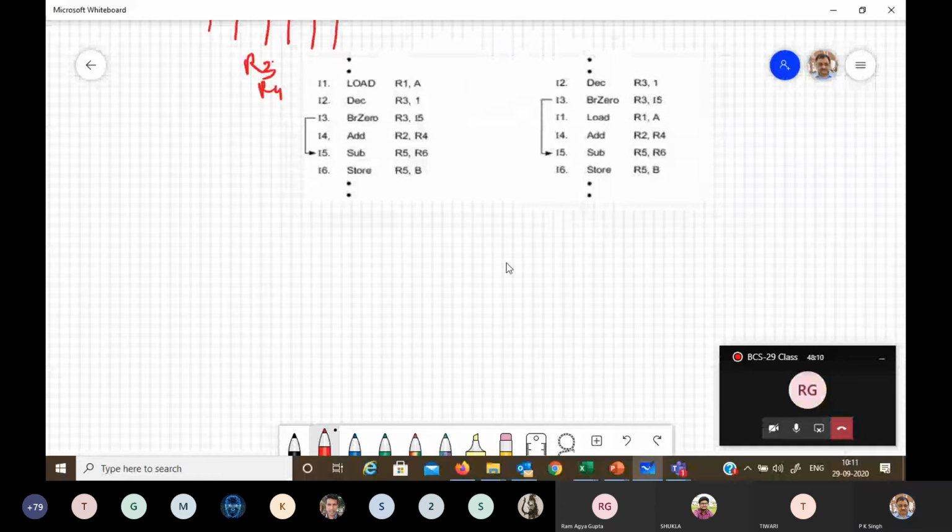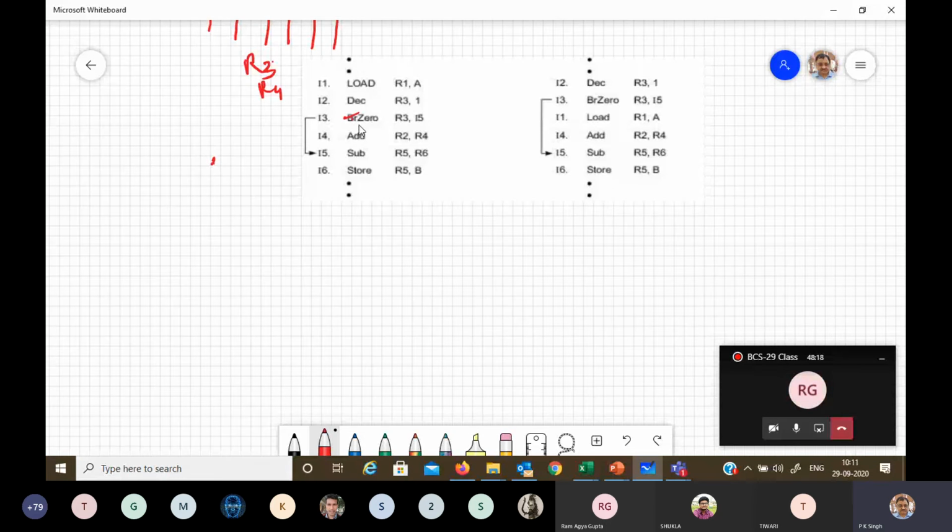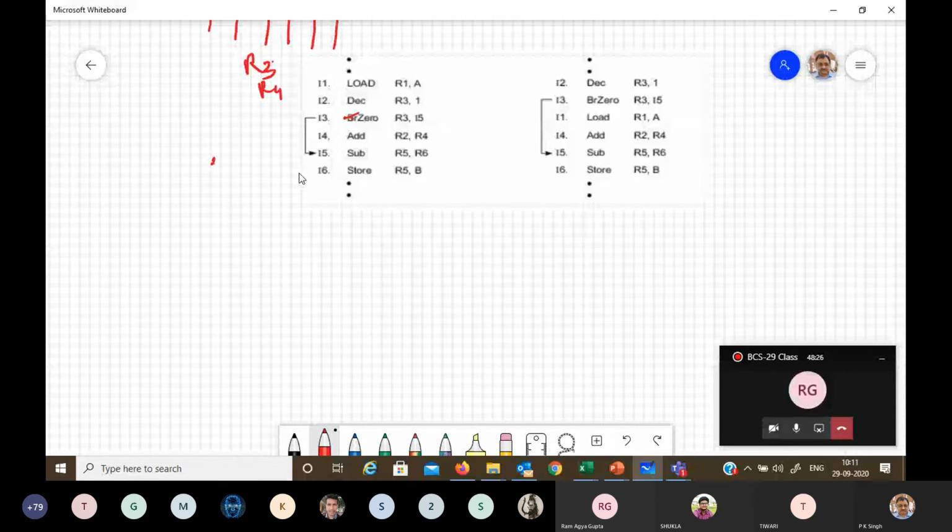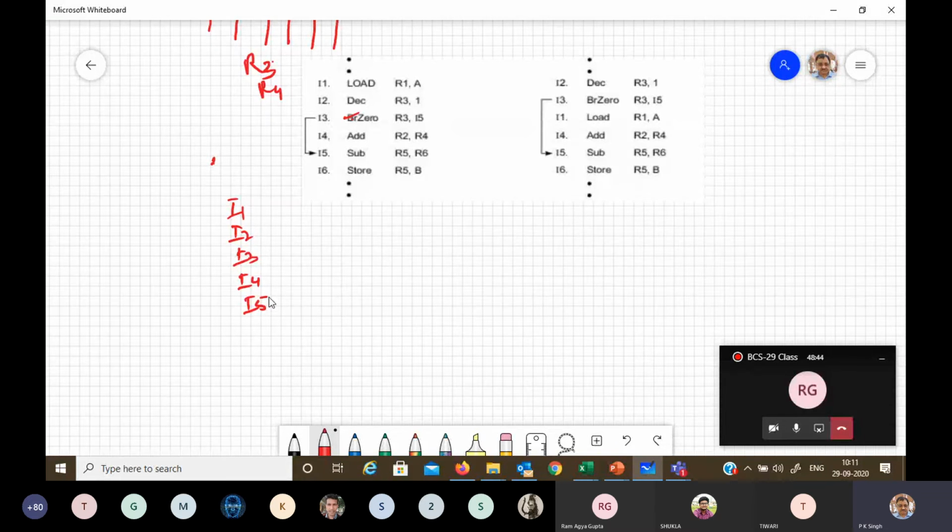See, this is branch instruction. This is branch instruction. Now, how will it do the execution? You just consider I1, I2, I3, I4, I5, I6.